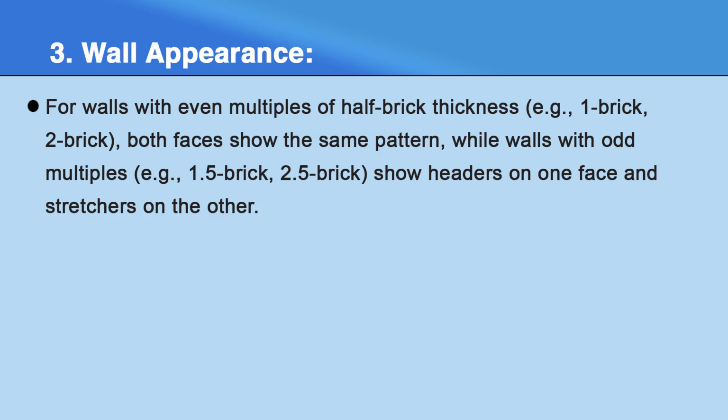In contrast, for walls with an odd multiple of half brick thickness, for example, 1.5 brick thick or 2.5 brick thick wall, one face of the wall will display the headers, while the opposite face will show the stretchers. Now, this results from the need to maintain the structural pattern across the varying wall thicknesses.